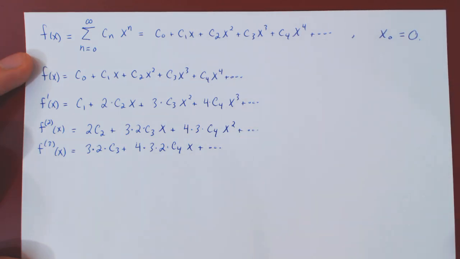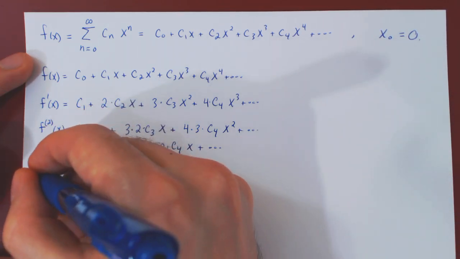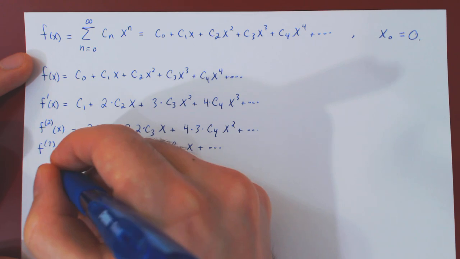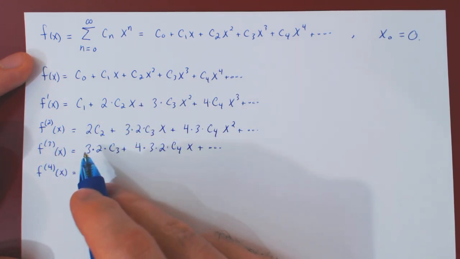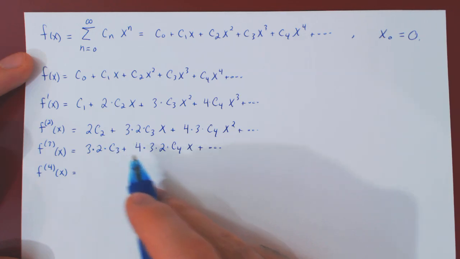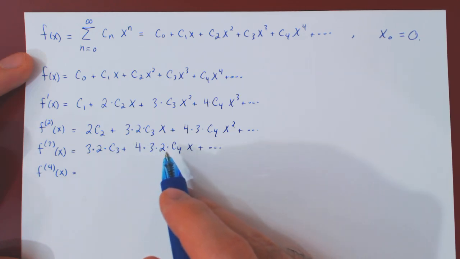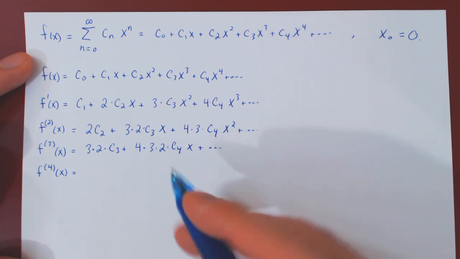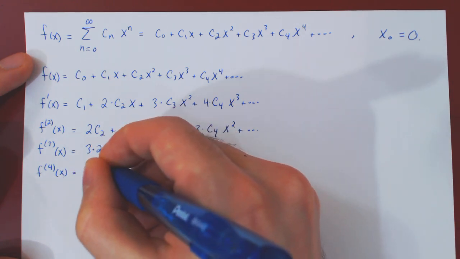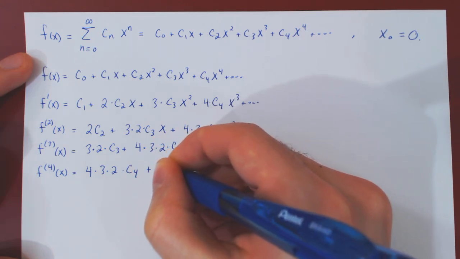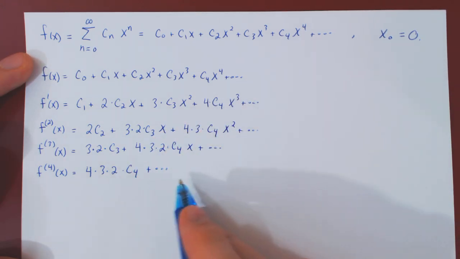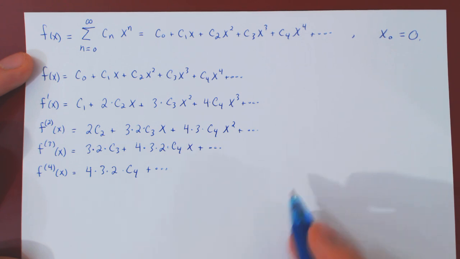And let's differentiate one last time, and hopefully this will be enough to allow us to find a pattern. The derivative of this is 0 plus 4 times 3 times 2 times c4 times 1. So 4 times 3 times 2 times c4 plus and so forth. And all the other terms would be multiples of x, x squared, and so forth.